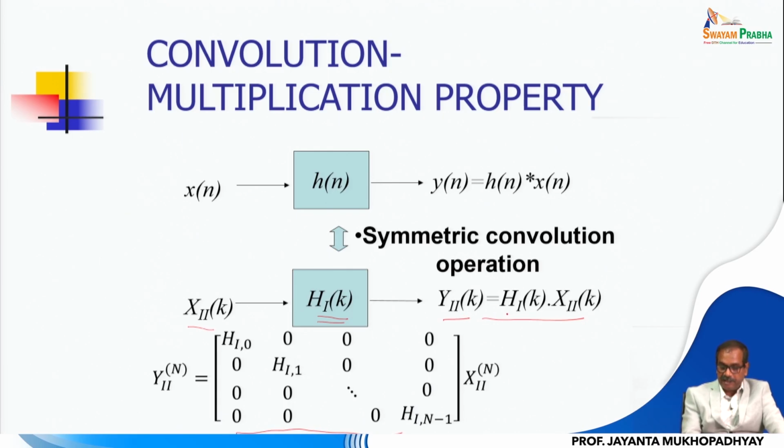Since it is a multiplication of those elements of the type 1 DCT, I can express them as the diagonal elements of a diagonal matrix. So, this operation is equivalent to this one.